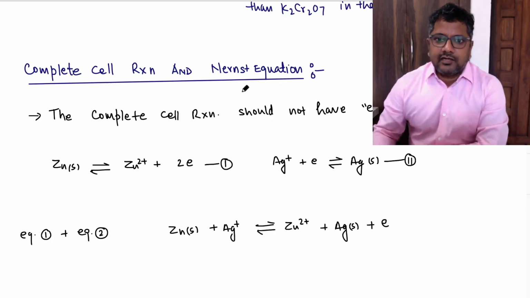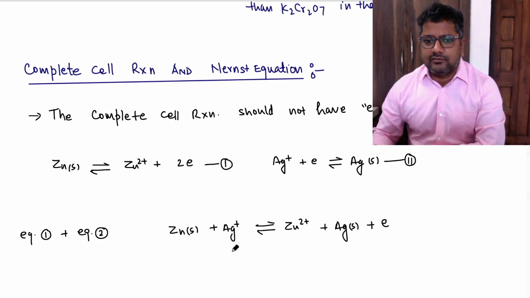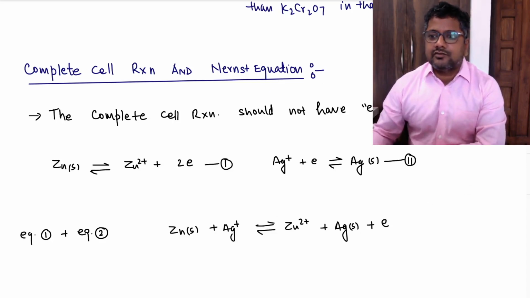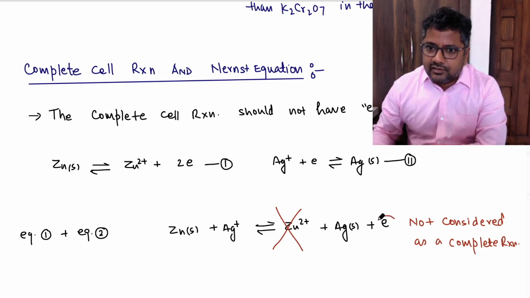So for the purpose of the Nernst equation or any purpose, this could not be considered as a complete reaction. Why? Because electrons are present here.